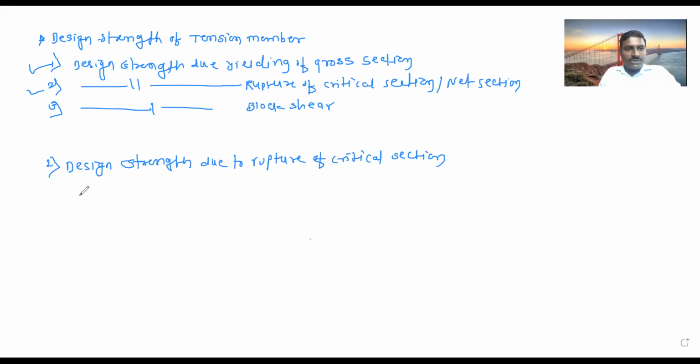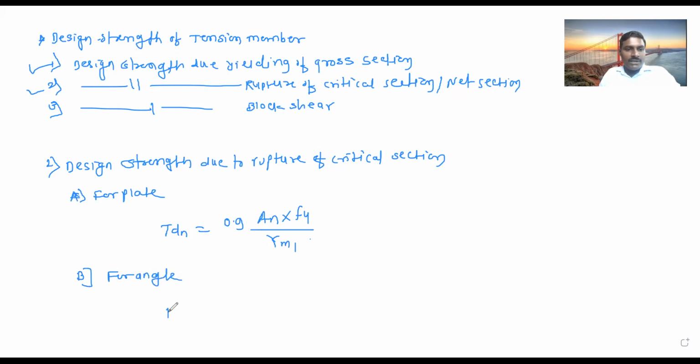For that, we have seen the formulas for a plate. That is Tdn is equal to 0.9 An Fu divided by gamma m0. This is for plate. And the second formula we have seen for the angle.